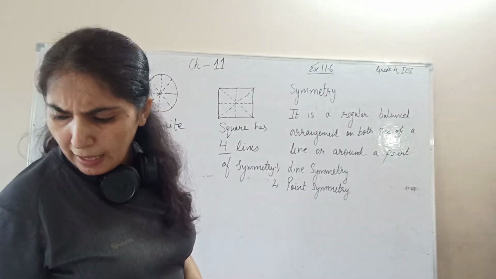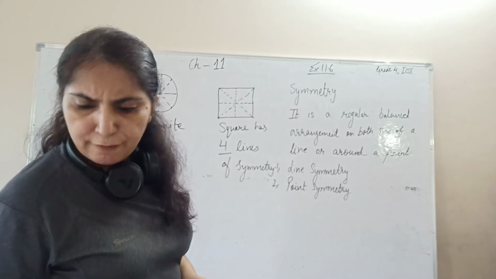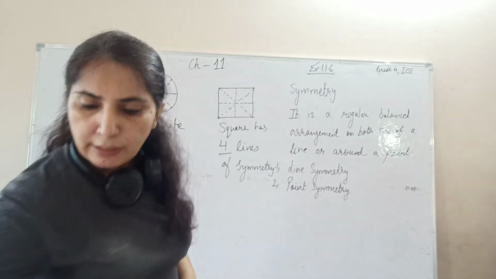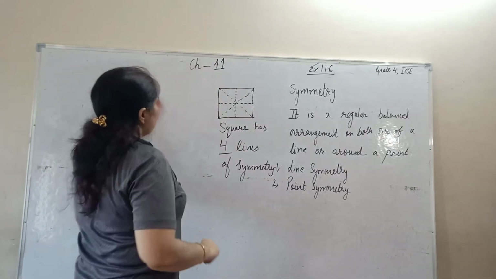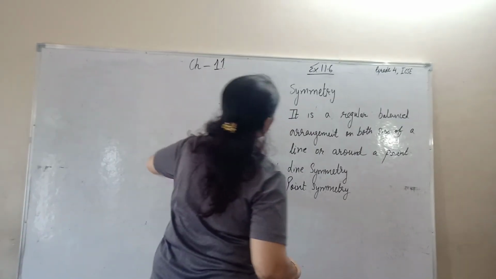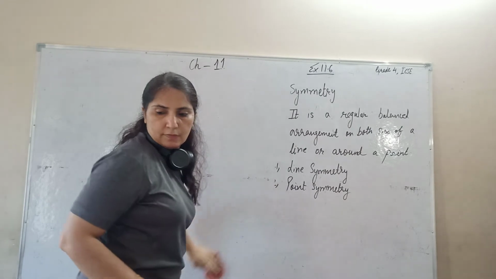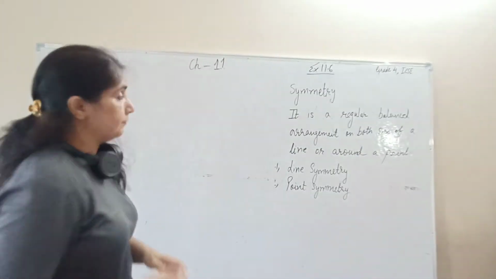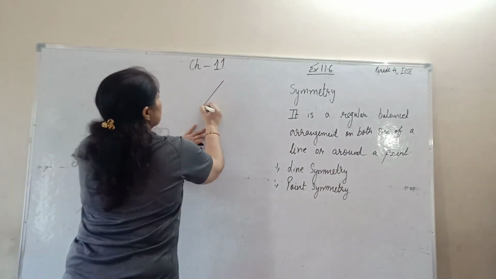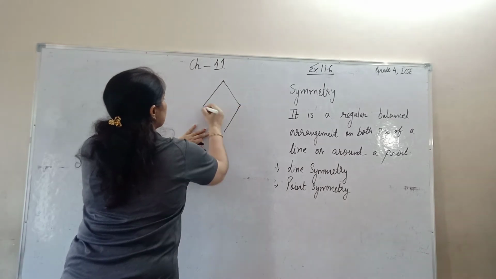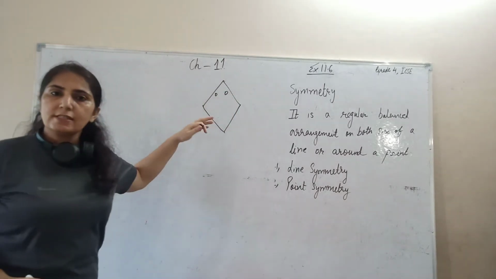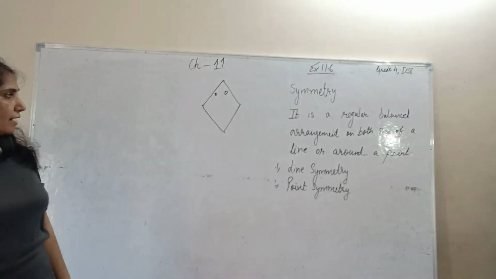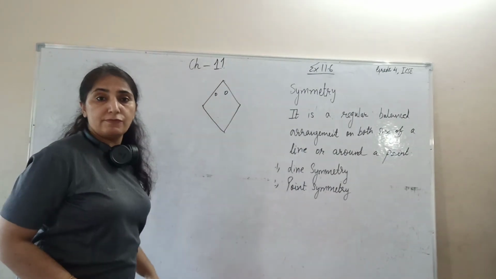We may have different figures or different letters from alphabet, and we have to find their lines of symmetry. First of all, it's a kite. We have to divide it in 2 equal halves.